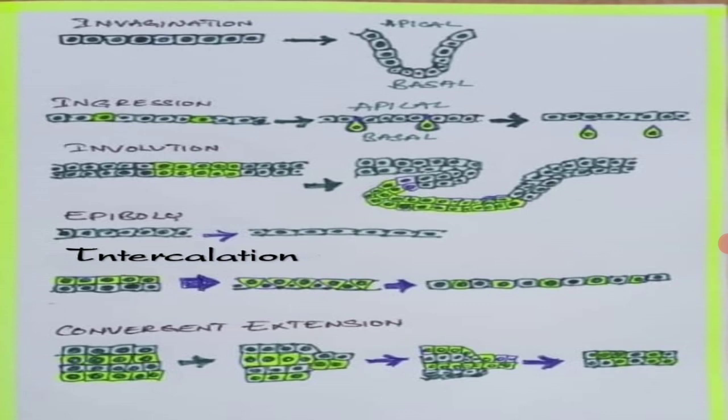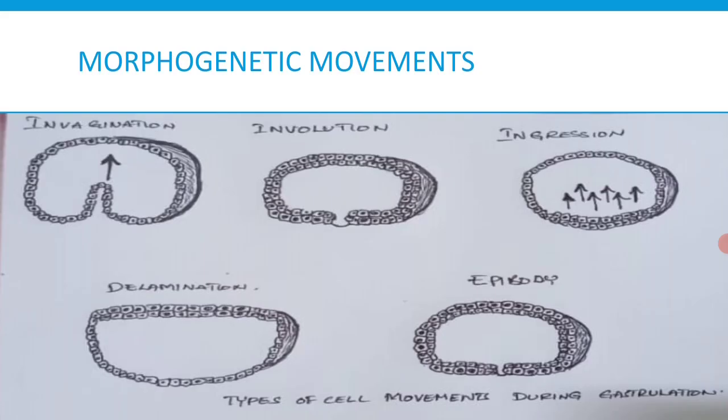In convergent extension, you can see different layers converge to continue. So that is about various morphogenetic movements like invagination, involution, ingression, delamination and epiboly. And due to this systematic programmed morphogenetic movements, a wonderful structure called gastrula is formed, and from which, due to organogenesis, different organ systems will develop.